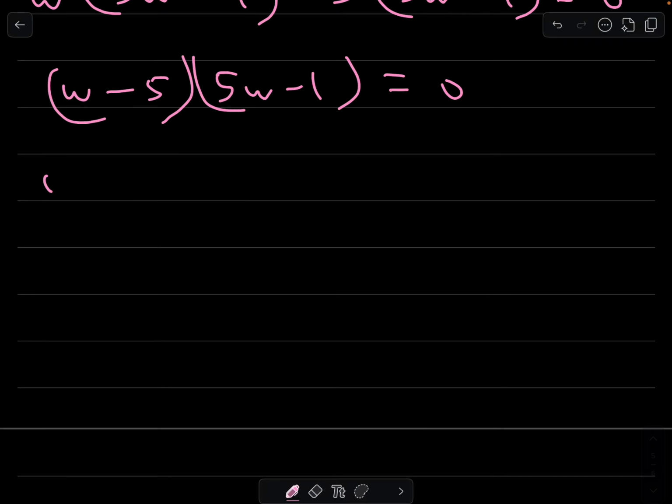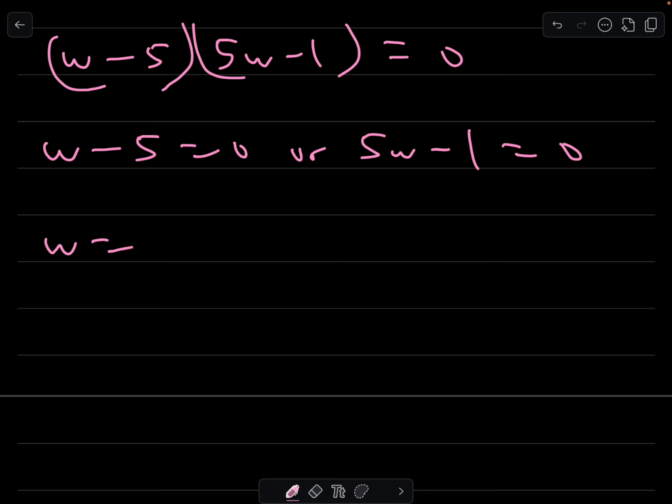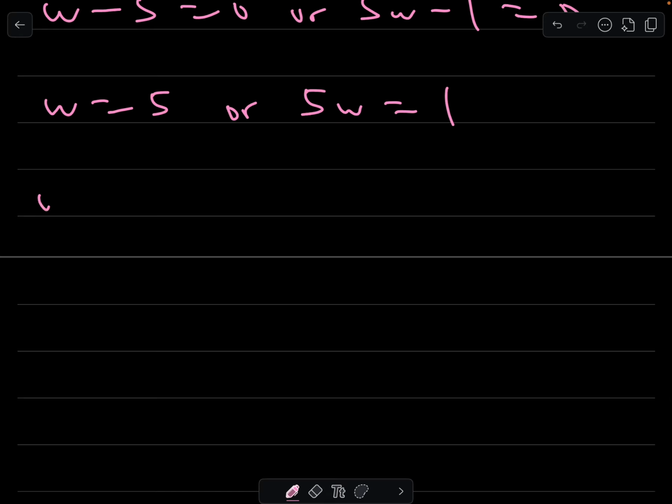And that simply means w minus 5 equals 0 or 5w minus 1 equals 0, which means w equals 5 or 5w equals 1. And that simply means w equals 5 or w equals 1 over 5 if you divide through by 5 here.